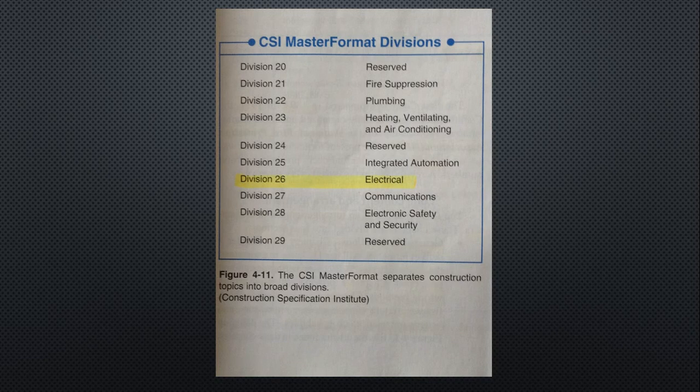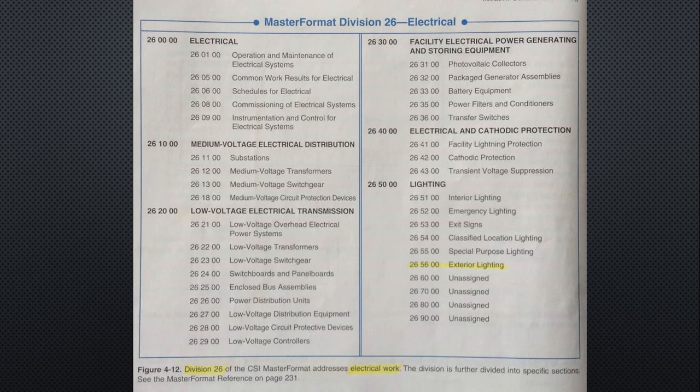Within the MasterFormat, electrical work is found in division 26. See figure 4-12 for this. Specific electrical topics are addressed within sections of the division. A complete list of divisions and sections is in the MasterFormat reference on page 231.